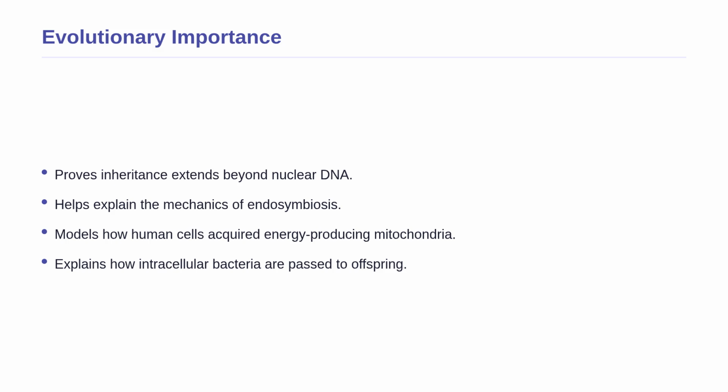In real life, this helps scientists understand the mechanics of endosymbiosis. This is the evolutionary theory explaining how our own human cells acquired energy-producing mitochondria billions of years ago. Furthermore, it provides a foundational model for understanding how certain viruses or intracellular bacteria can be passed down from mother to offspring, affecting the traits of the next generation.